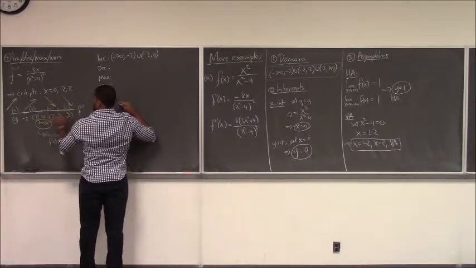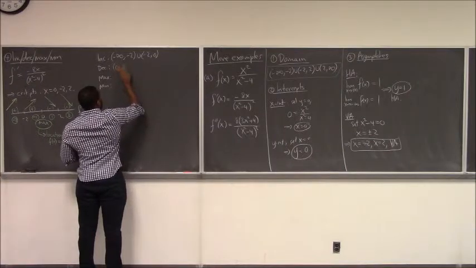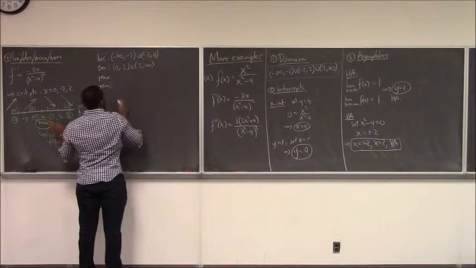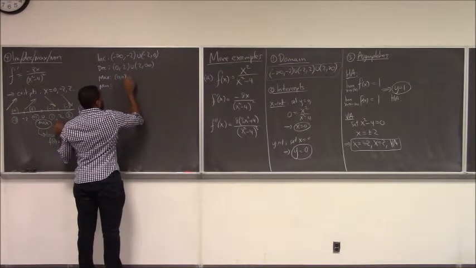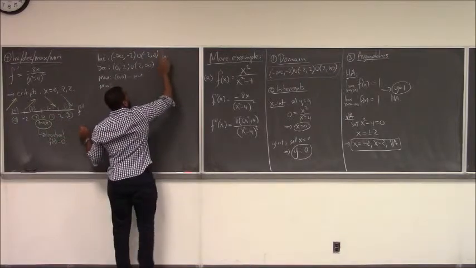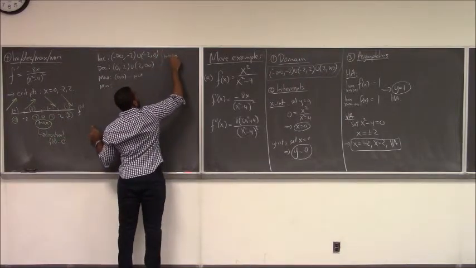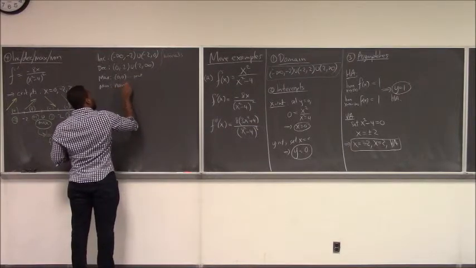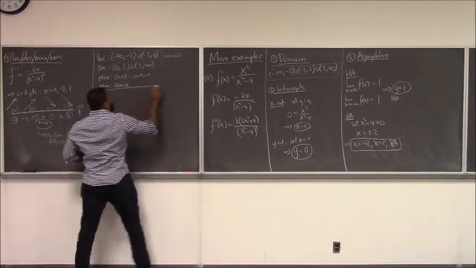It is decreasing on these two intervals, 0 to 2, union 2 to infinity. It has a maximum at (0, 0), so that's a point. These are intervals here, not coordinates. The notation looks the same. And minimums, we have none. And that is your answer to the fourth section.